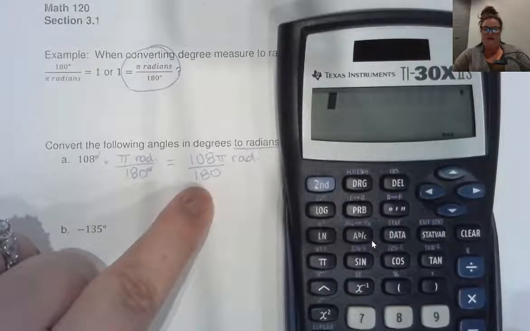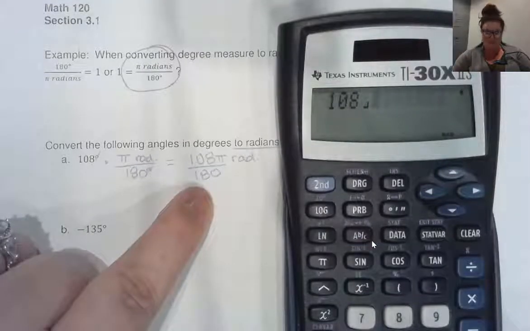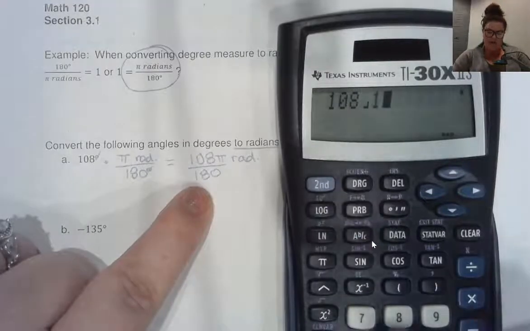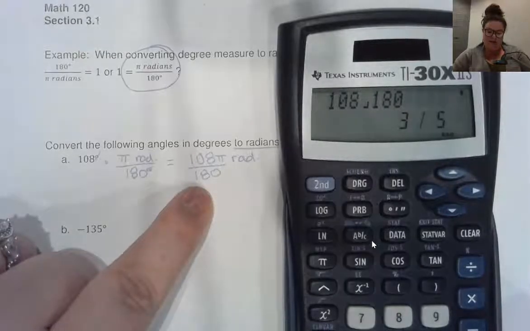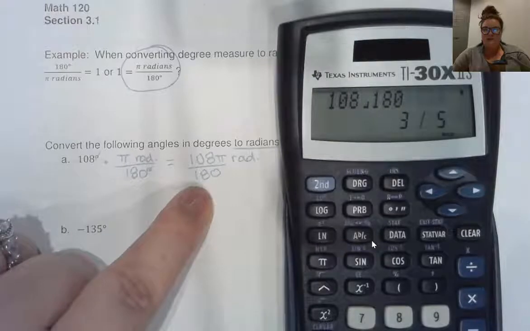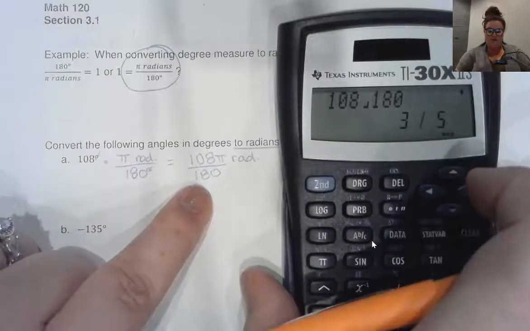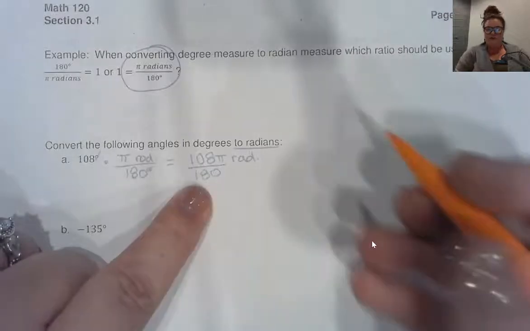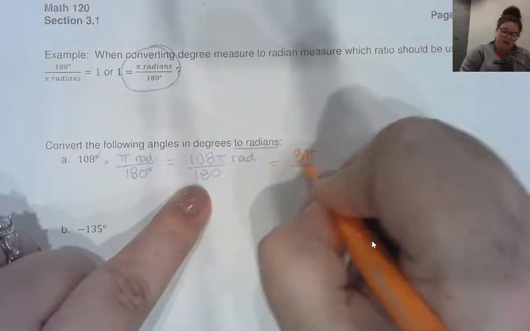So the way I'm going to use it is I'm actually going to enter this fraction, not the pi, but just the numbers, 108. Use my fraction button to make that the numerator. It's over 180. And when I hit enter, what it does is it reduces the fraction for me. Magical. So this reduces to 3/5, and then I still have that pi in there, right?